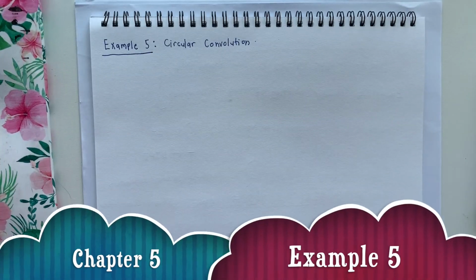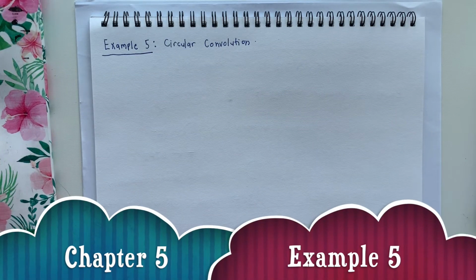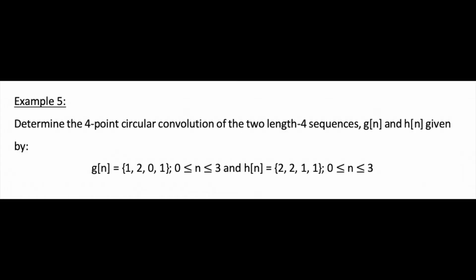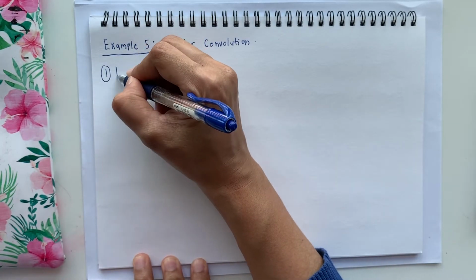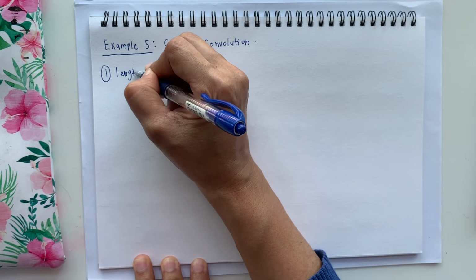Okay, now we move to example 5. Please read the question. The question asks you to determine the 4-point circular convolution of two length 4 sequences Gn and Hn, given by the following. The first keyword is length 4.